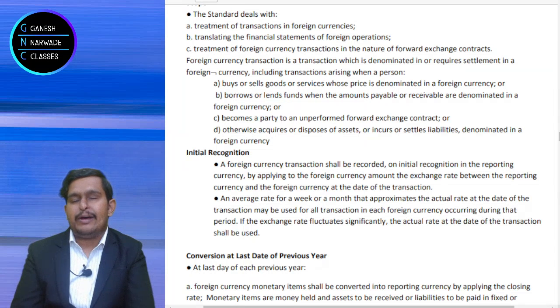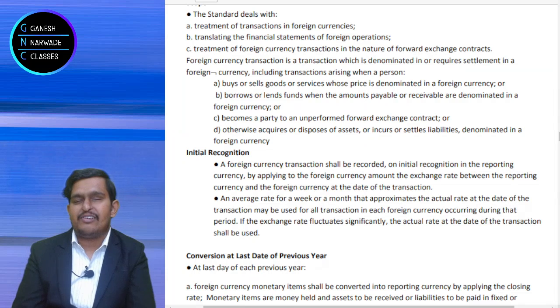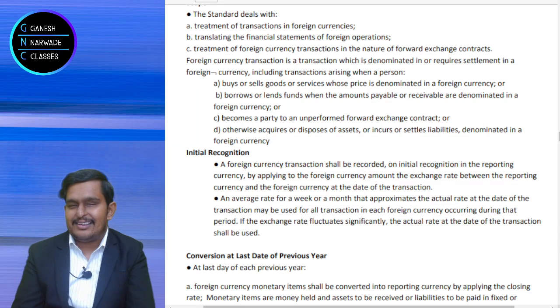Suppose, for example, we purchase some Quick Heal antivirus software. If we purchase any software from outside India, for which we have to pay in dollars, then it is a transaction in foreign exchange. Clear? Are you able to understand what I am saying?